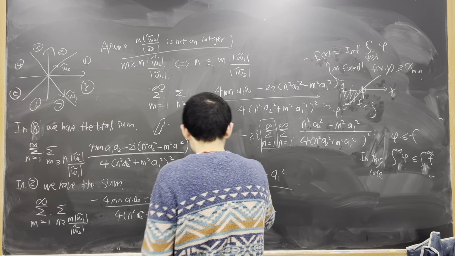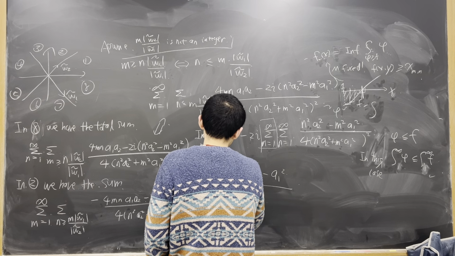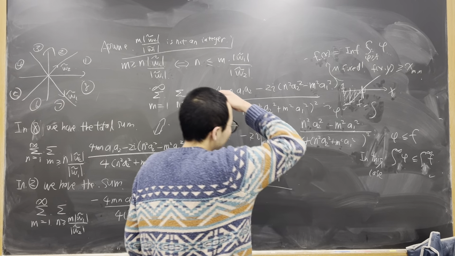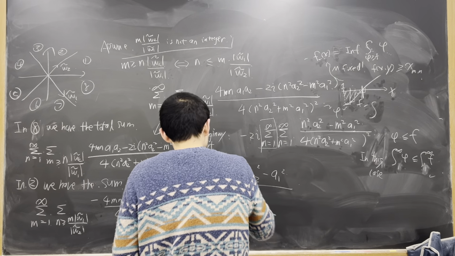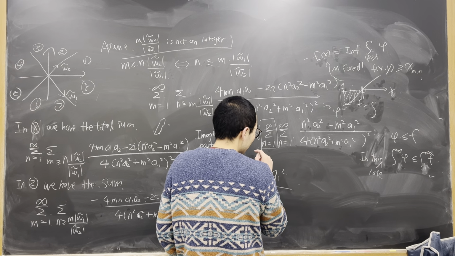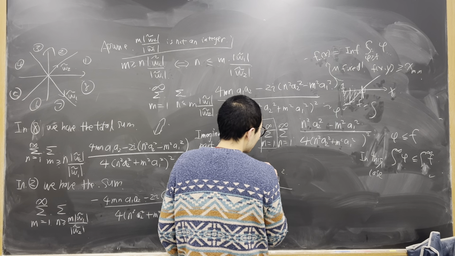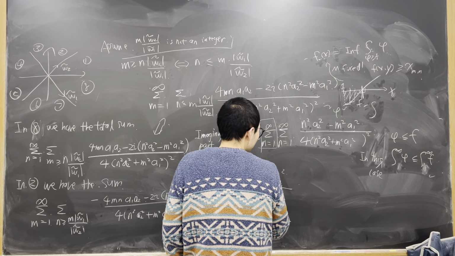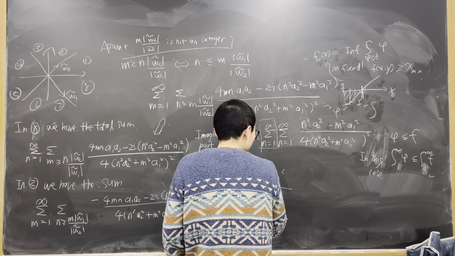So this number is less than 1 as m increases. And what's inside here: if you divide by m squared on the denominator, you will get 4 times, let's see, let me just expand this one.